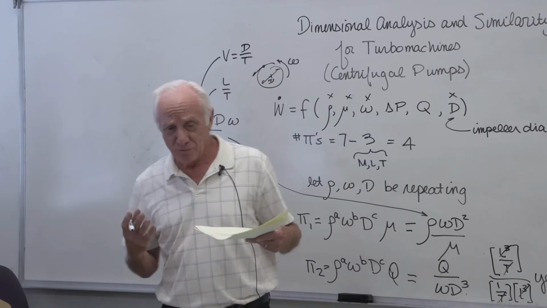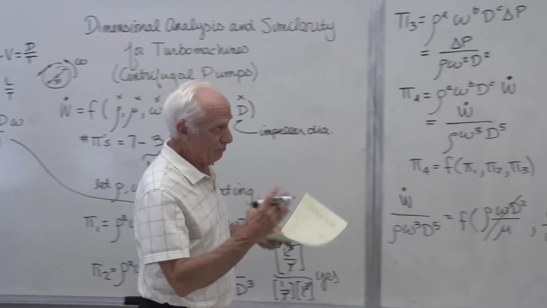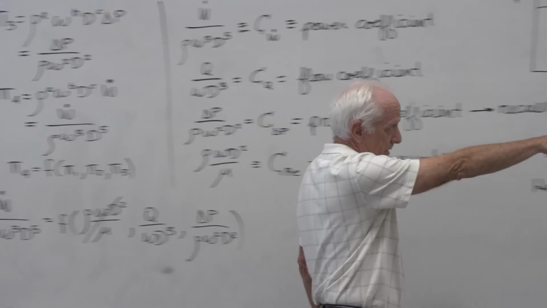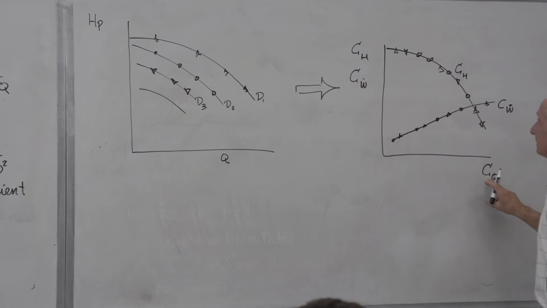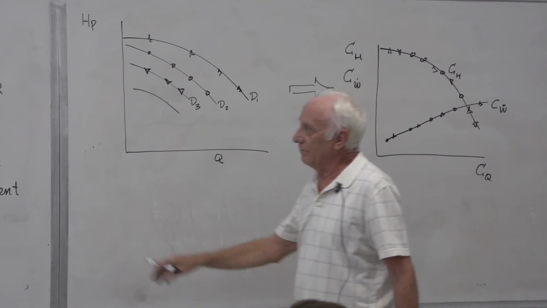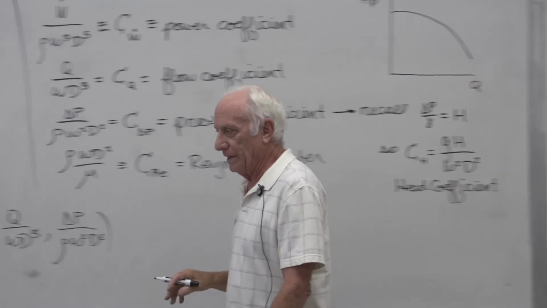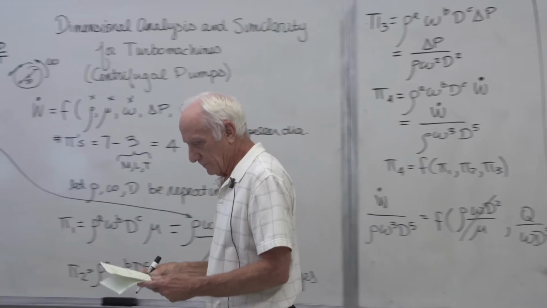So it turns out that the Reynolds number is not important in a pump, so we don't show it. We show C sub H, C sub W dot, C sub Q, but we don't throw in the Reynolds number. It's not important in these kinds of pump applications.